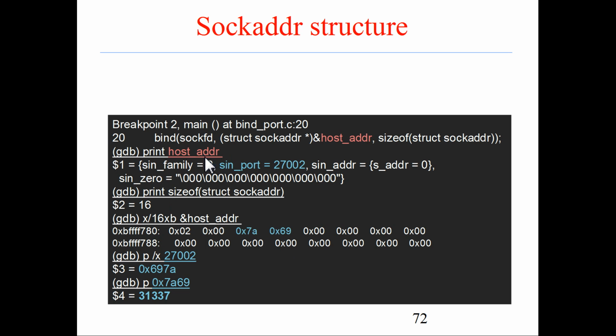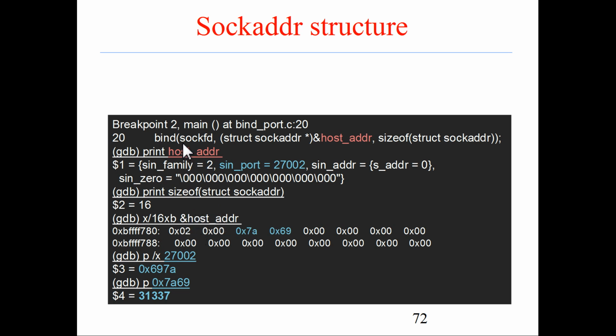Effectively, for the host addr struct, there are 4 parameters that we have to fill out. There's the sin family, which is a short. There's the sin port, which is also a short. There's the sin addr, which is 32 bits for IPv4, and then the rest of it is going to be zeroed out.